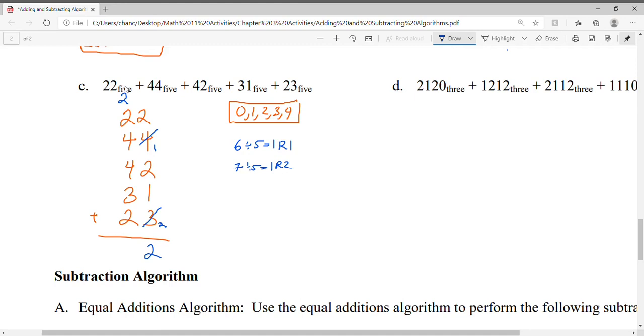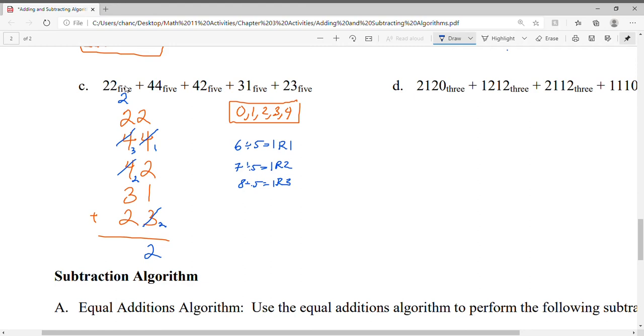Now we'll add again. 2 plus 2, that's 4. 4 plus 4 is 8. We'll need a scratch. 8 divided by 5 is 1, remainder 3. So we'll need a 3 down here for the ones. 3 plus 4, that's 7. We'll need another scratch. 7 is 1 remainder 2, so we'll need a 2 here. 2 plus 3 is 5.